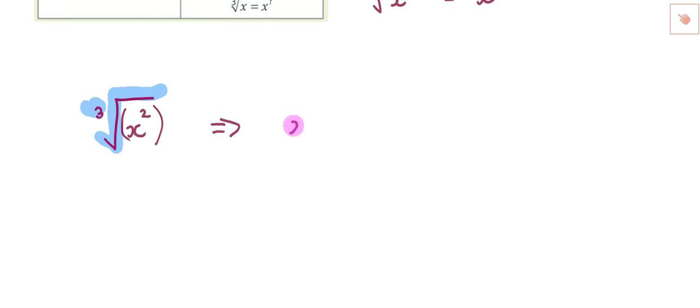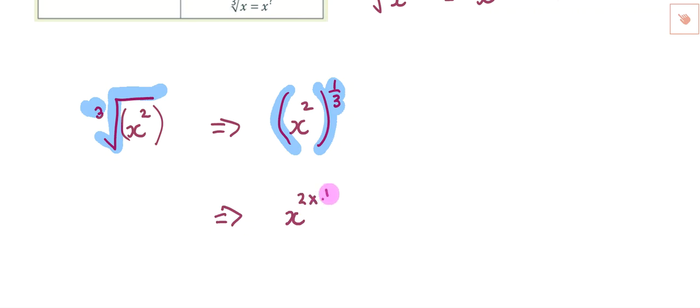So this would become x to the power of 2, all to the power of 1/3. This bit became the brackets and that. Now we apply the power to a power rule. So that would become x to the power of 2 times 1/3, which is x to the power of 2/3. So that's just a little showing of how things can be put together.